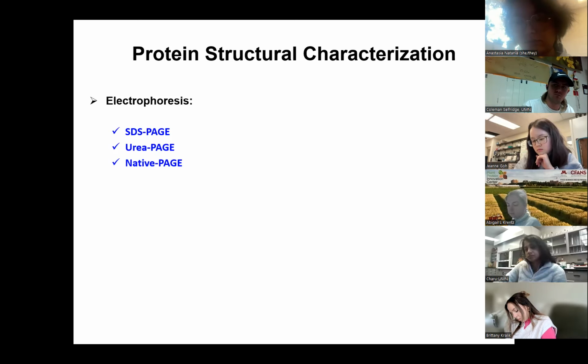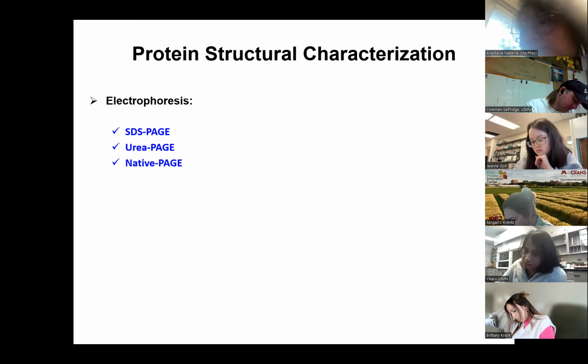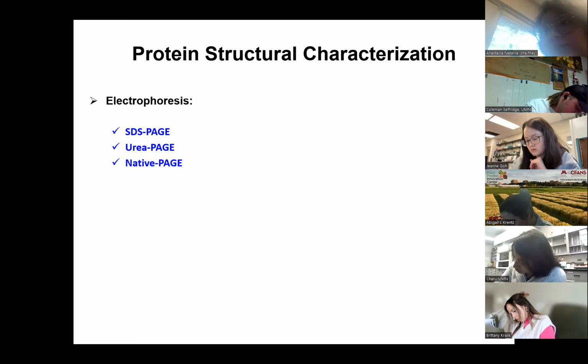So what that means is your SDS is interacting with the protein and giving a net negative charge to all of your proteins. So they're all negative, they're all denatured, and they all go down the gel in one direction. So they separate only based on size.